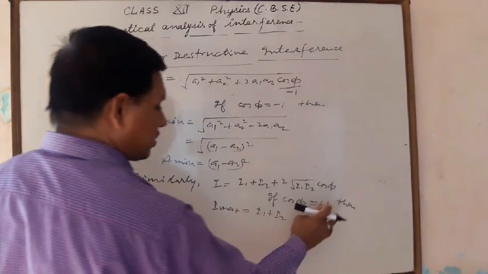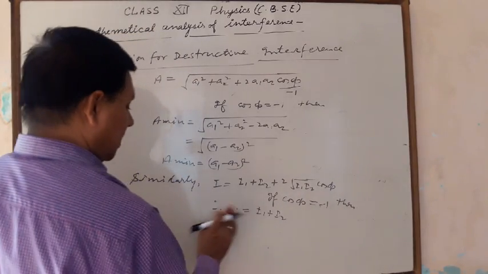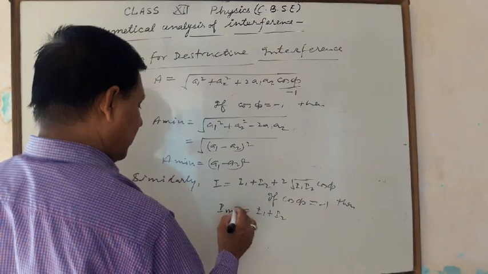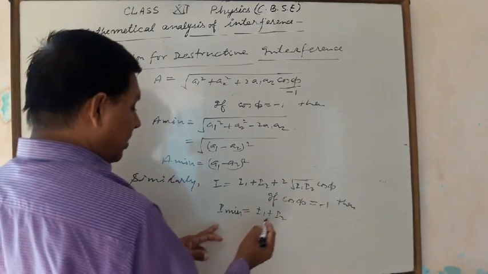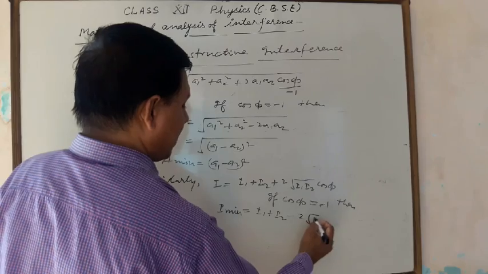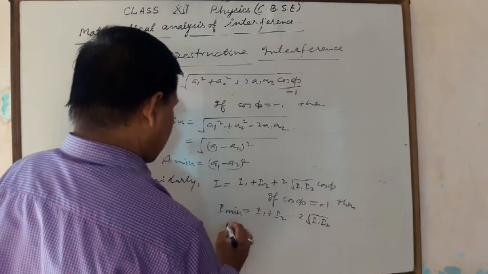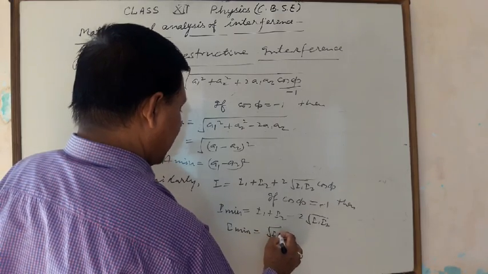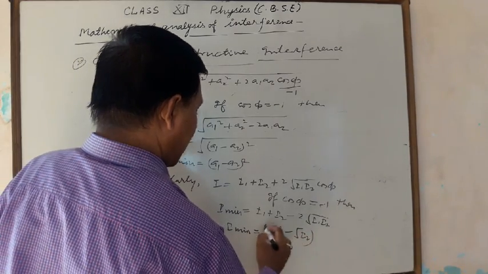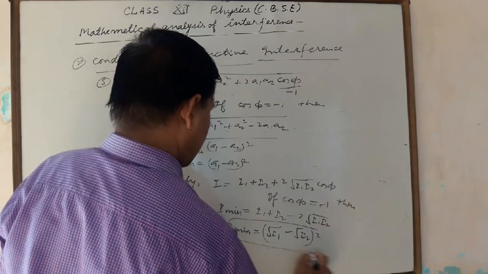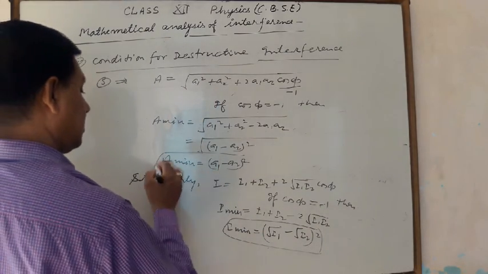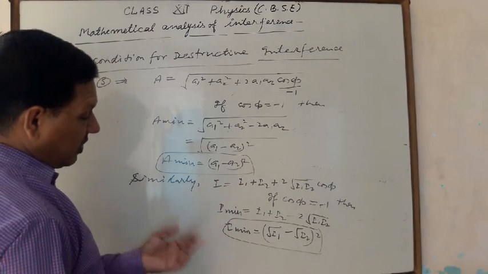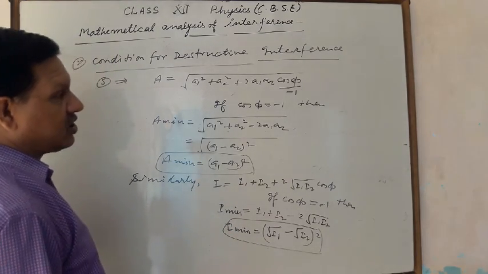Sorry, when you put cos phi equal to -1, then the intensity becomes minimum, and I minimum is equal to I1 plus I2 minus 2 under root I1 I2, or I minimum is equal to under root I1 minus under root I2 whole square. This is the formula for minimum intensity in case of destructive interference.